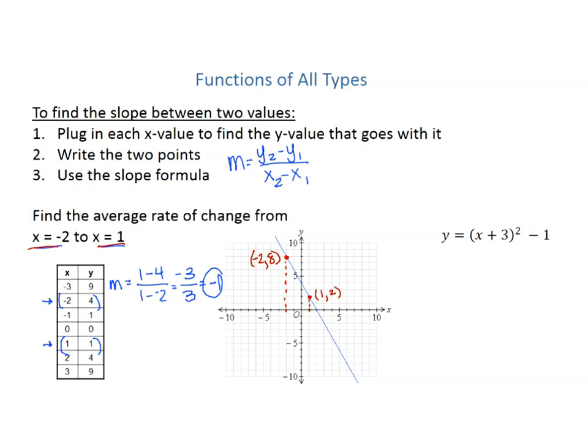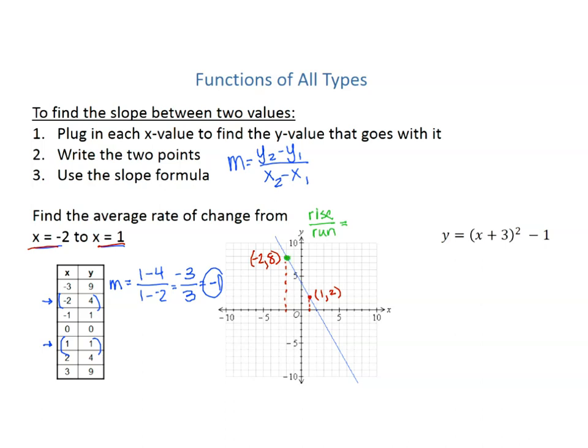Now, when I'm doing it on a graph, I prefer to use the graph over the formula. I just think it's a little bit easier. So I use slope in the form of rise over run. And I always move from left to right because that's how we read everything, right?